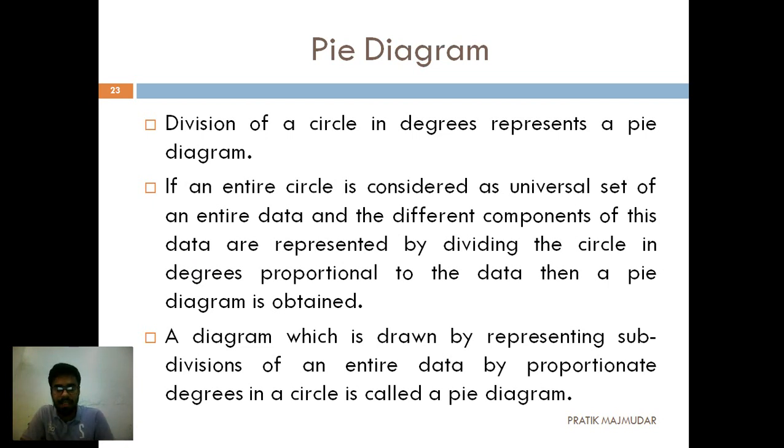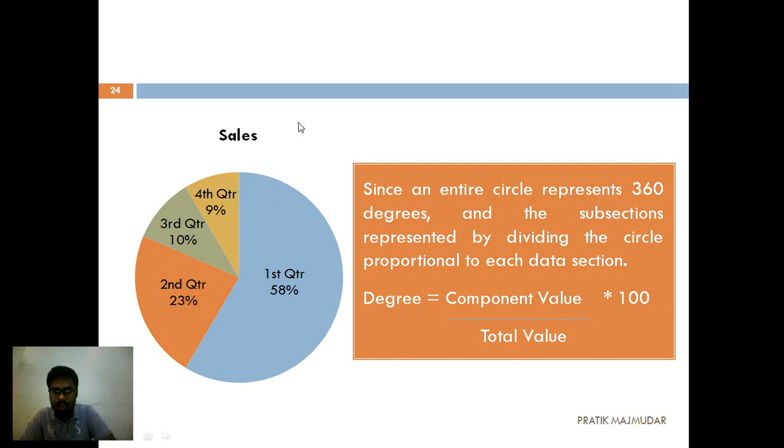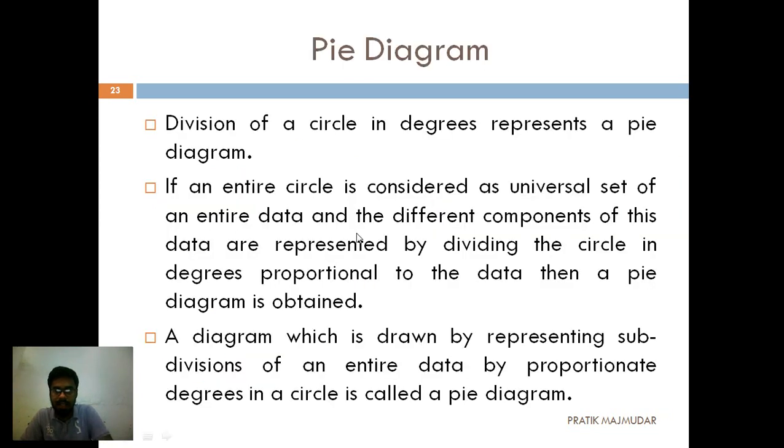If the entire circle is considered as a universal set, then the different components of this data are represented by dividing the circle in degrees proportional to the data, and then a pie diagram is obtained.